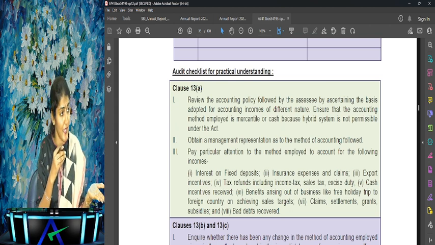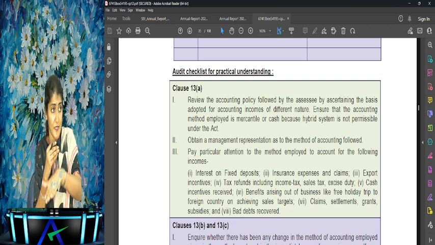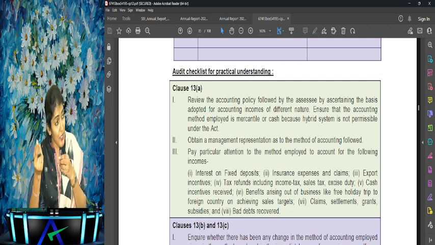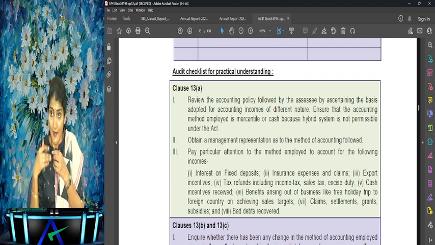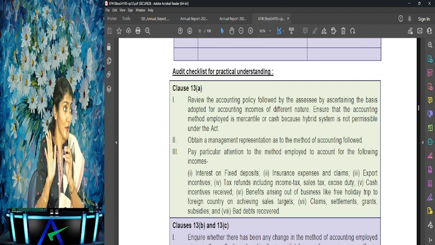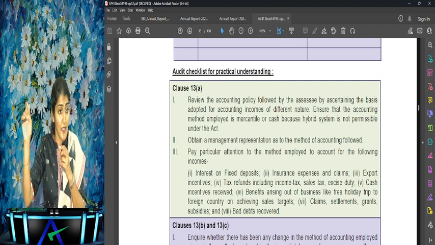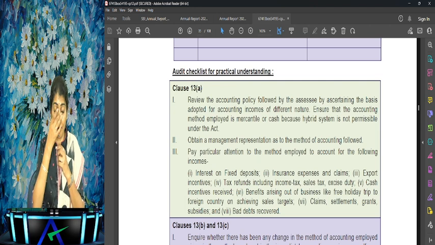Are you understanding that? So what you do, you keep your book in front of you. You already know the questions which have come in the exam, and additionally you can also see the audit checklist for the practical understanding. I'm telling it to you in a very clear manner. This is what additionally is suggested to be done. So write down, also study the audit checklist for practical understanding from the study material of the ICAI.